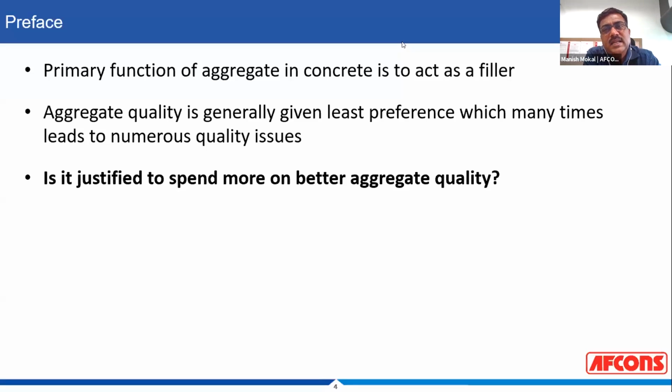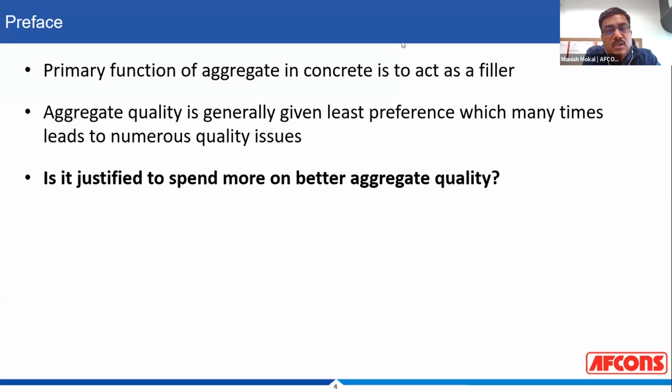But the idea is aggregate is the most common thing that we add to concrete, and we should not bother so much about it. Generally, on the projects, aggregate is given the least priority when it comes to quality, and we try to buy the aggregate which is of the least quality, which leads to a lot of issues, not only quality but also commercially, it may not be a very good solution.